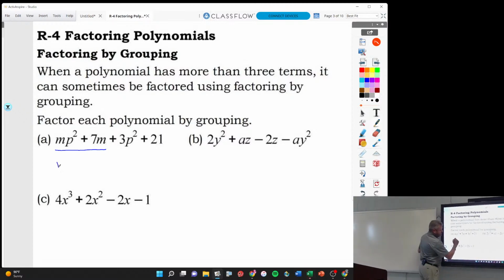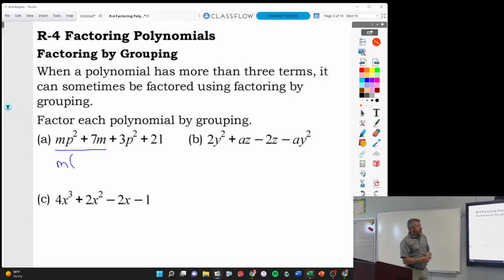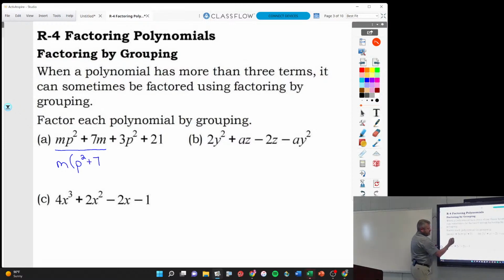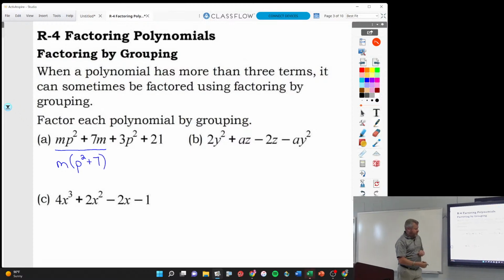Well, I can factor an m out of both of those. If I take an m out, I'm left with p squared plus 7, because m times p squared gives me mp squared, and m times 7 is 7m. So I have factored that first pair.